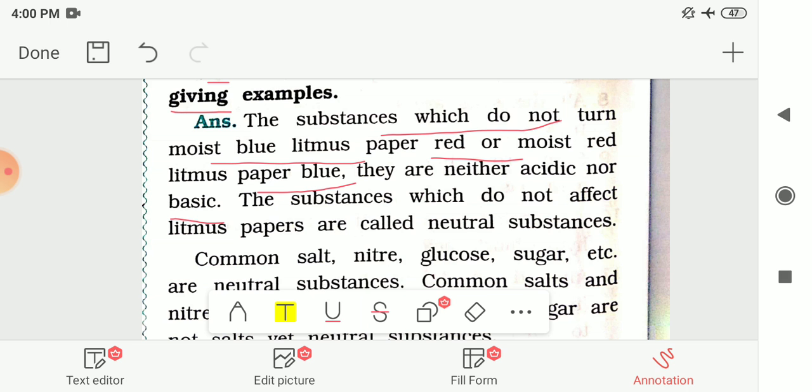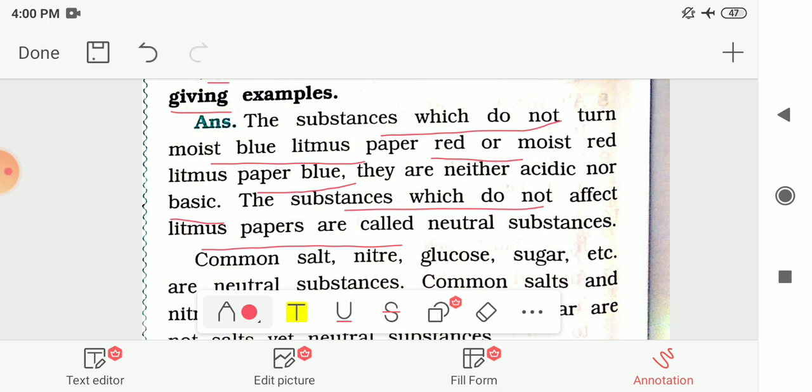The substances which do not show any effect on any of the litmus paper, we can say that they are neither acidic nor basic substances. So the substances which do not affect the litmus paper are called neutral substances.